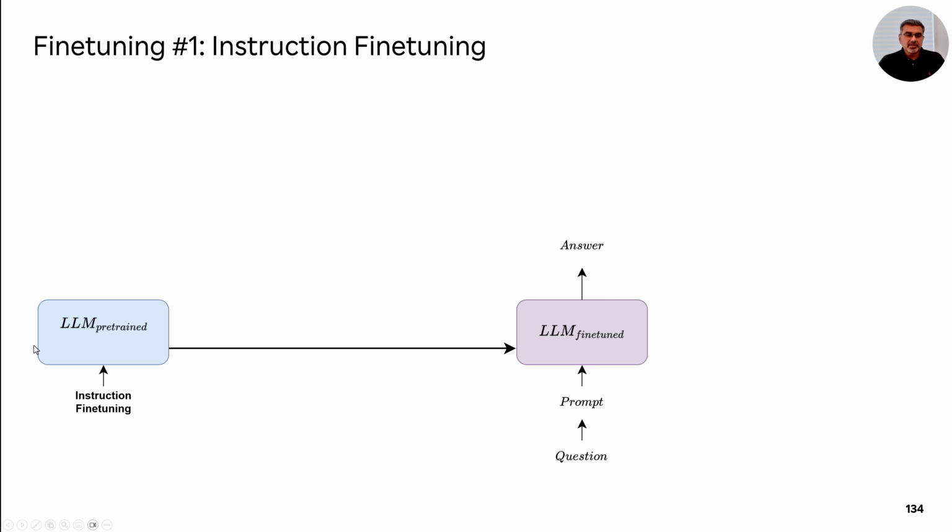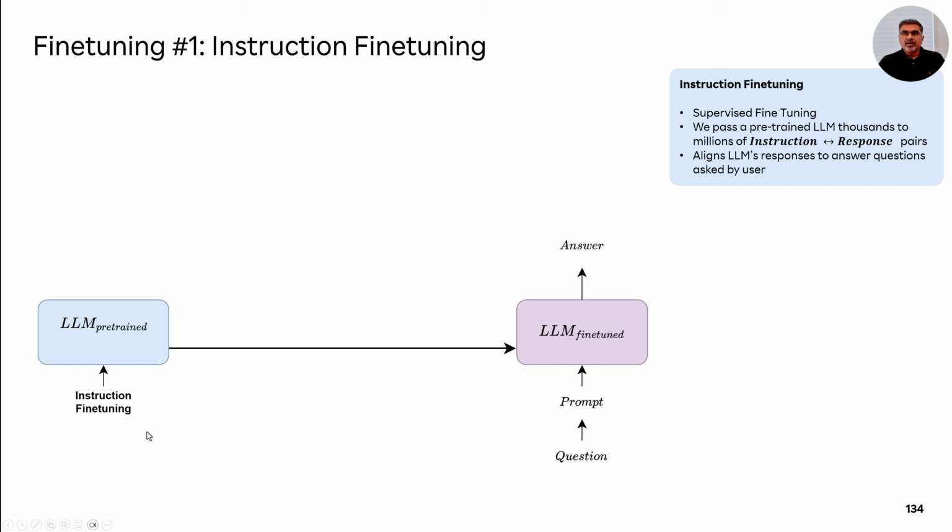So how do you make this pre-trained large language model respond this way? You do this thing called instruction fine-tuning. And what is instruction fine-tuning? Instruction fine-tuning is actually a supervised training of a pre-trained large language model. Remember that in pre-training, you're doing completely unsupervised training. You're just downloading the text from wherever you can, the internet crawl and all that, and feeding it as is.